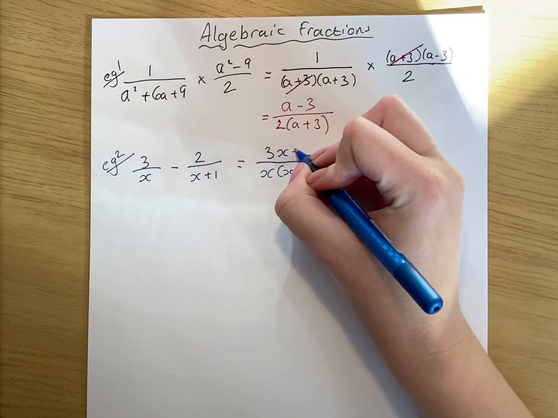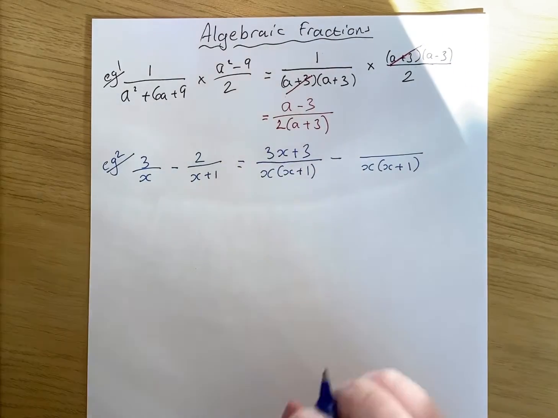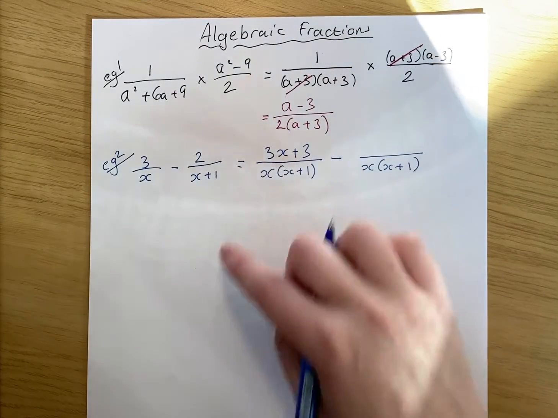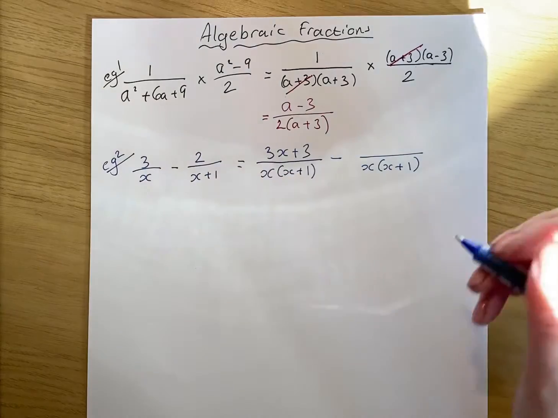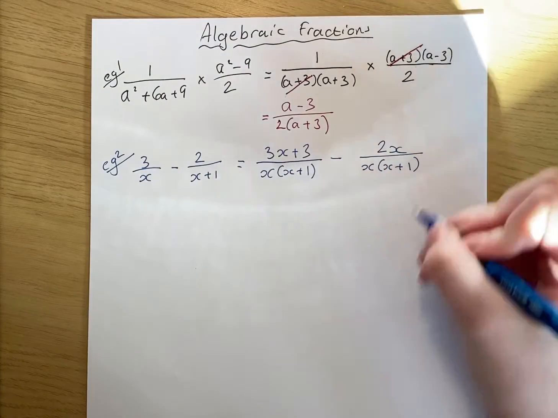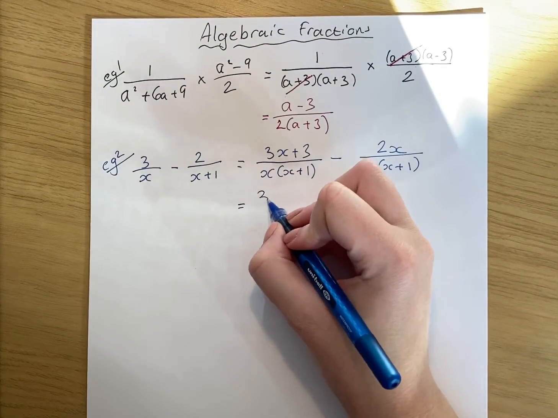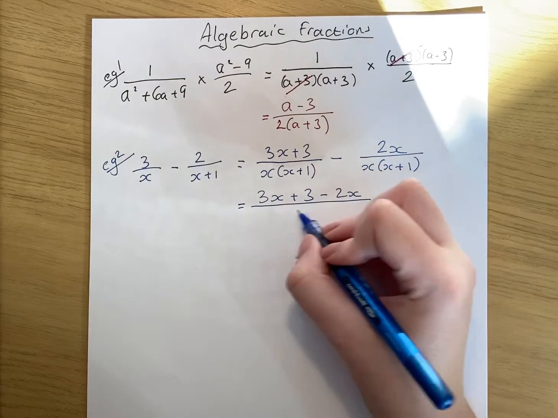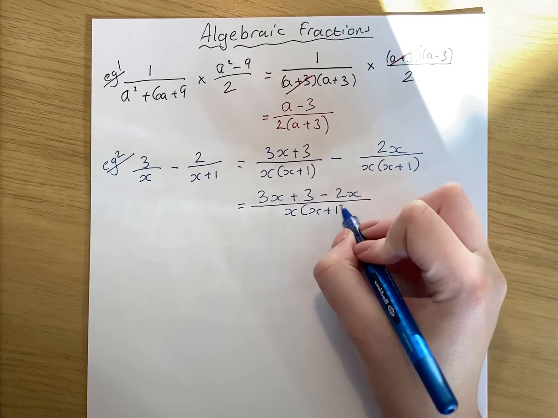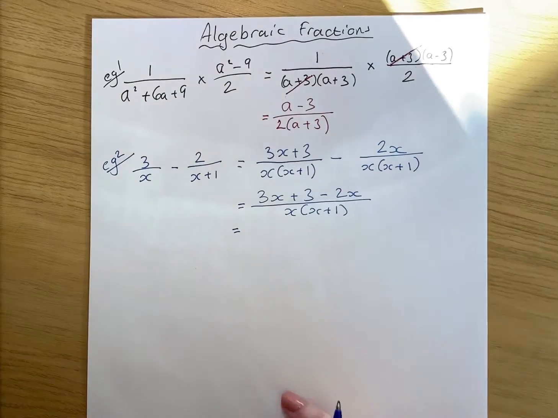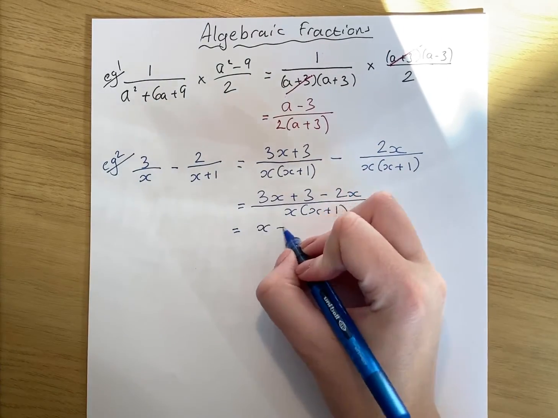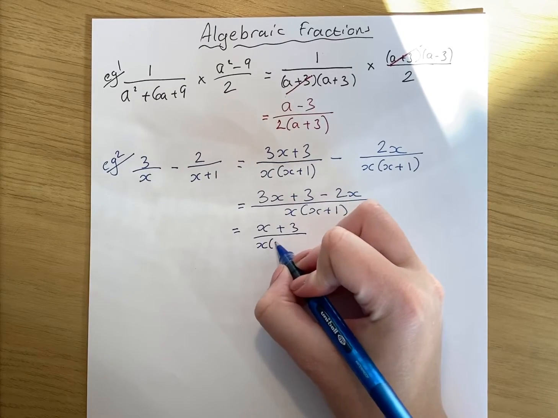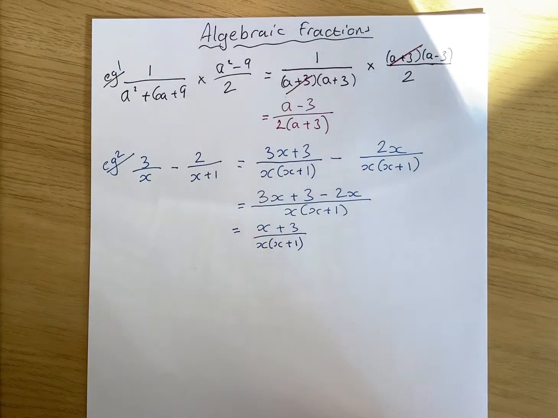So we get 3x plus 3. You could leave it in brackets, it doesn't matter. And then all of this needs to be multiplied by x, so 2x. And I'm going to take it all into one fraction. Simplify, collect like terms, and I'm going to get x plus 3 over x times by x plus 1.